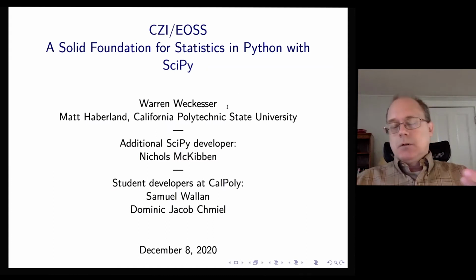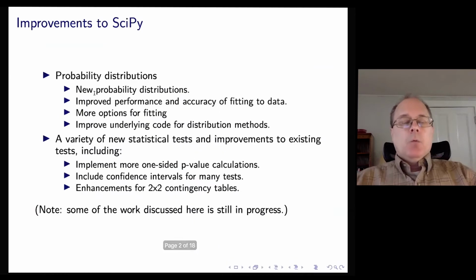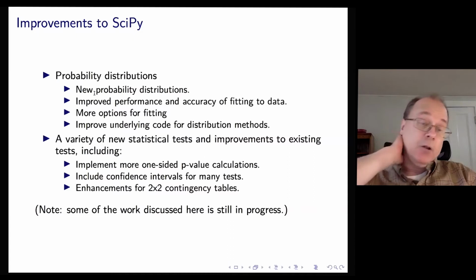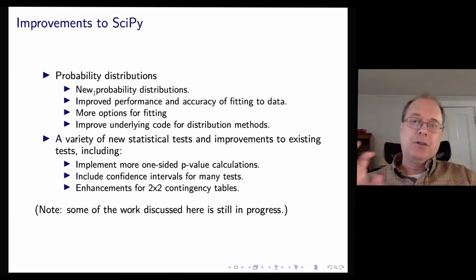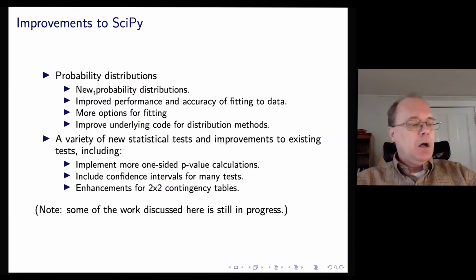So the core of our project was basically improving the statistics library in SciPy. SciPy has been around a long time, and therefore so has the stats module in SciPy. But when we first saw the call for proposals for CZI, we found it seemed like it fit very well, because having used SciPy for many years, you realize there are some pretty big gaps in what's covered in SciPy.